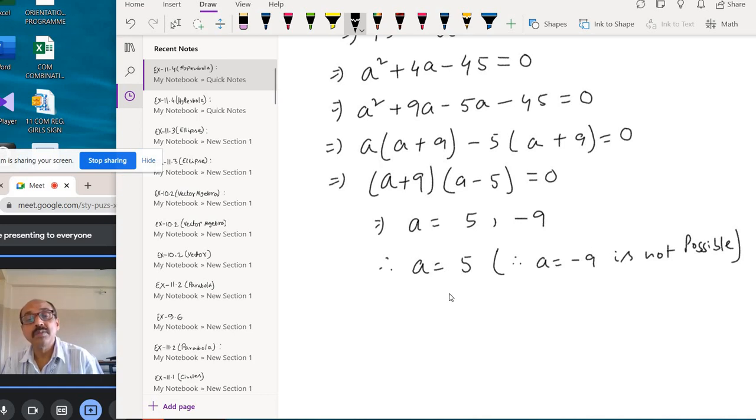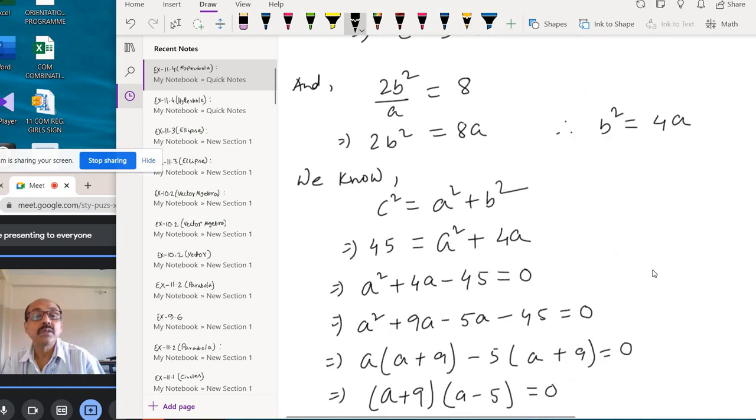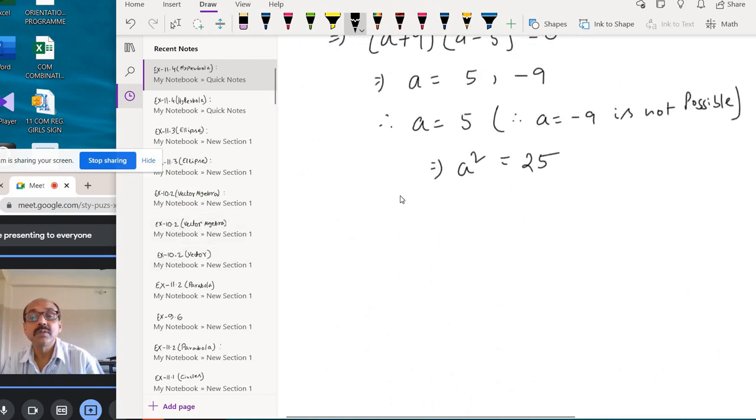So a square equal to 5 square, that is 25. a square equal to 25, and b square equal to 4a, 4 into 5, 20. Okay, so b square is 20, a square is 25.